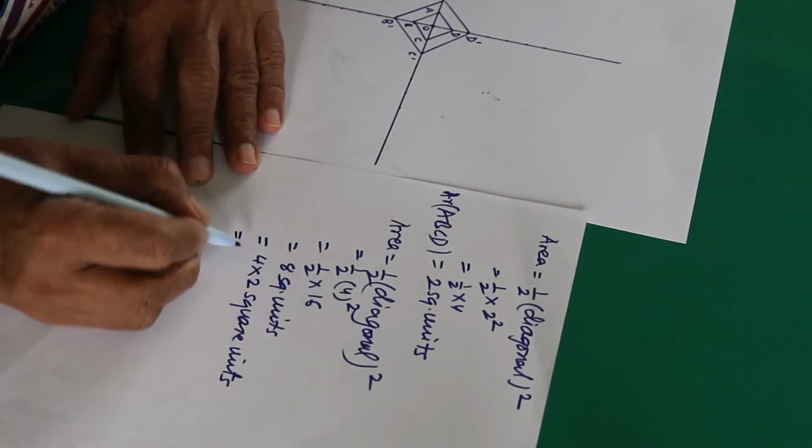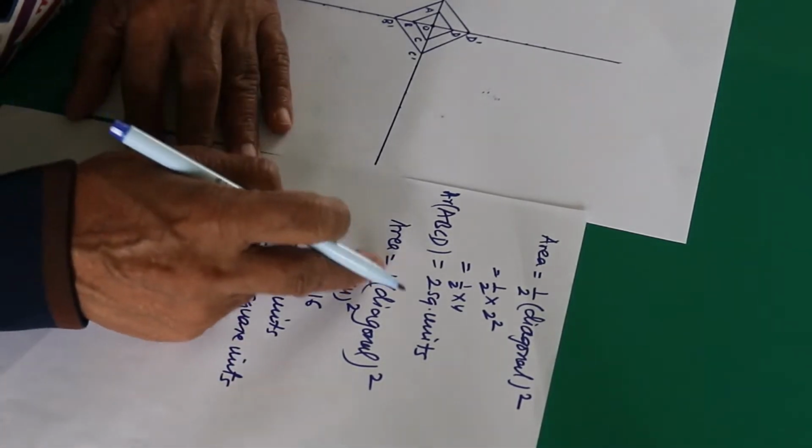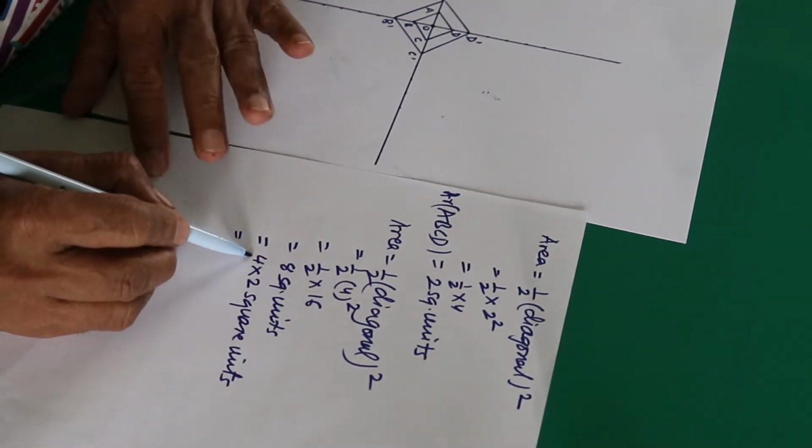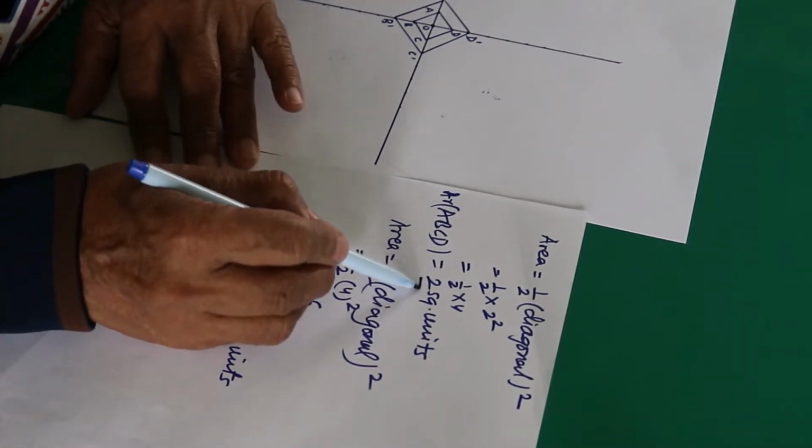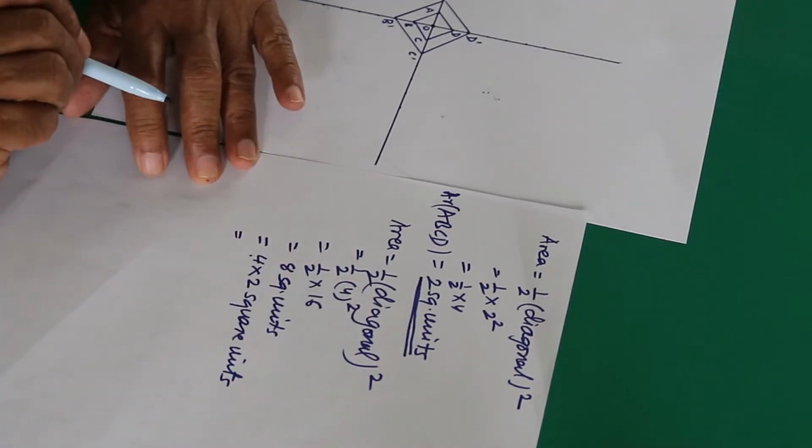What does it mean? So the area of this enlarged square is 4 times greater than the area of the original square.